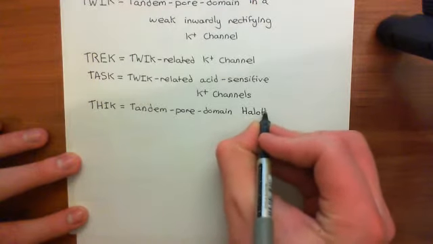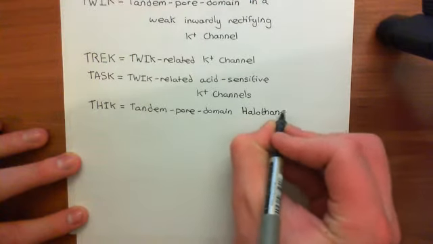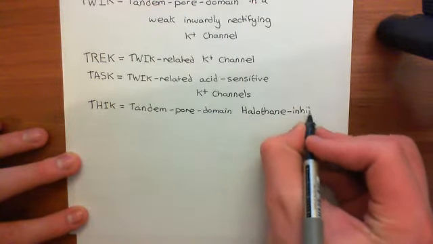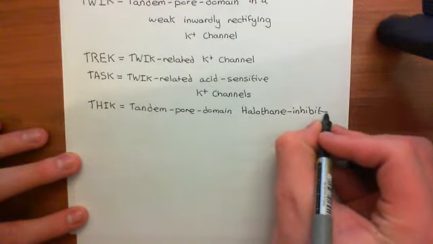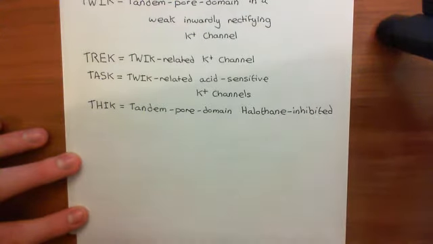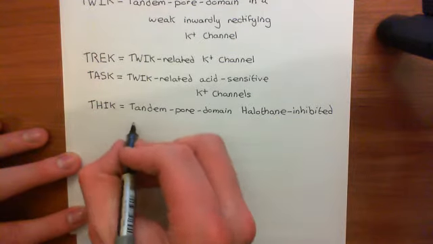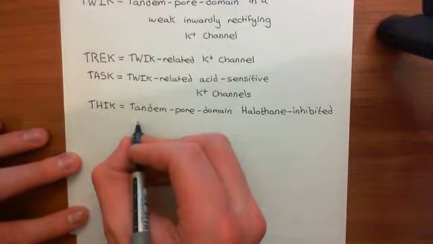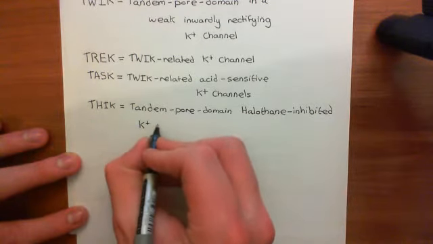Halothane is a gas used as a general anesthetic. There are many proposed mechanisms for how halothane actually produces unconsciousness, but some people believe that it works by targeting these THIK channels.